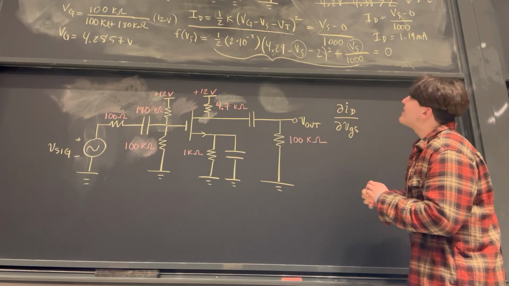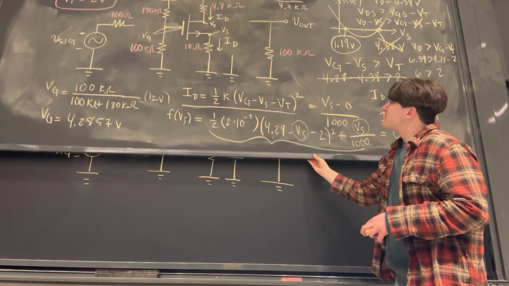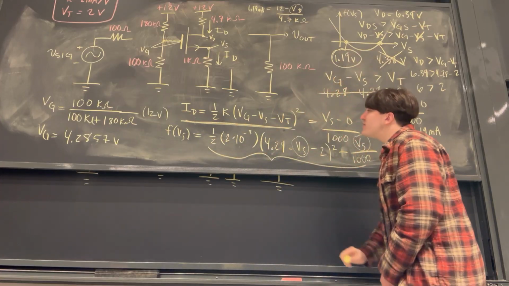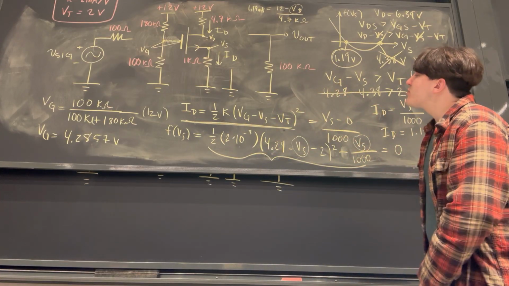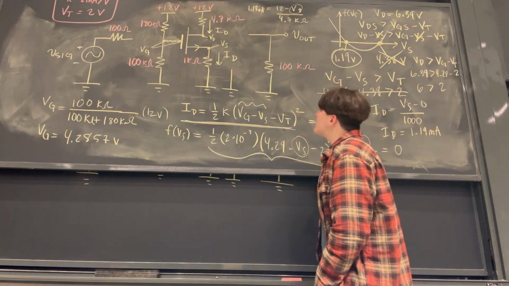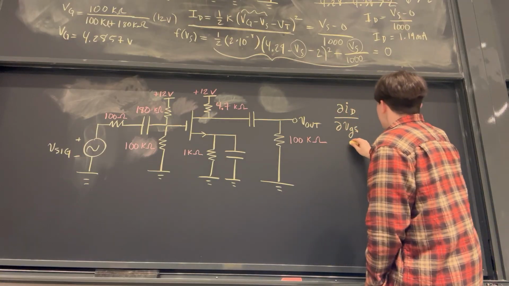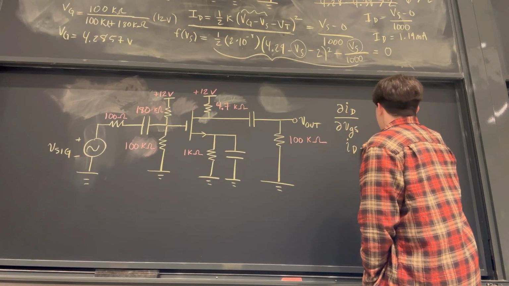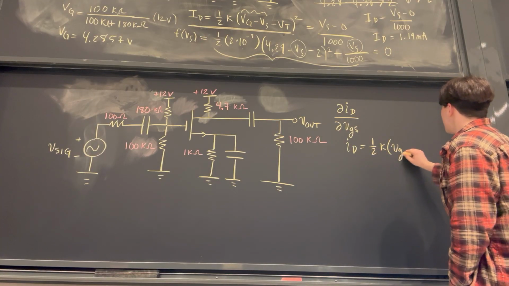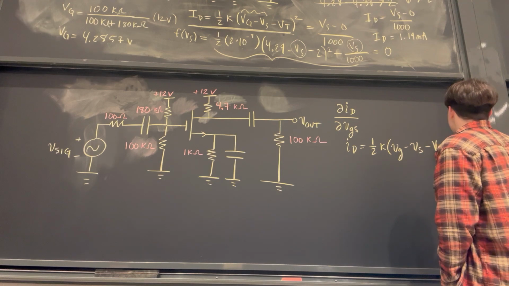If we take a look at this first equation up here, this saturation equation, we can actually just differentiate this equation with respect to the difference between the gate and the source. We already know from that equation that ID is equal to 1/2 K times VG minus VS minus VT squared.